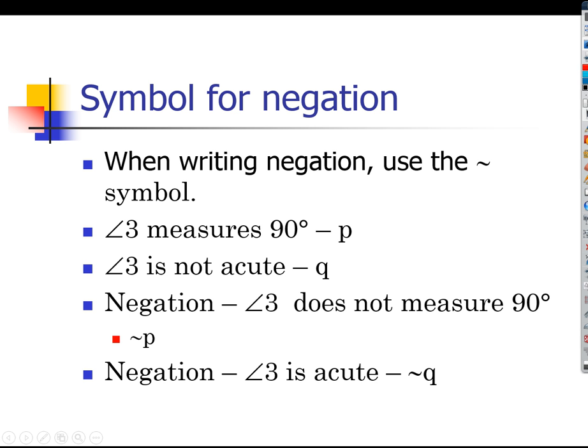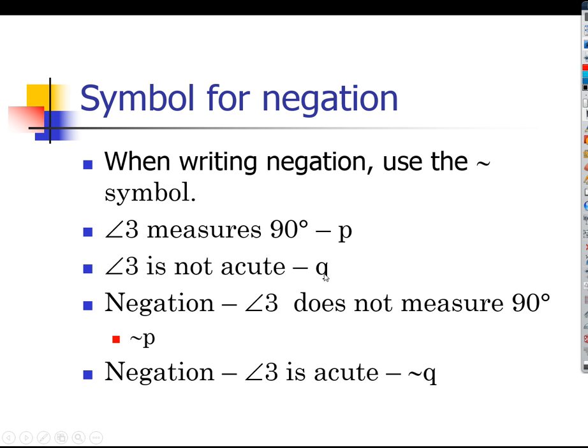Okay, writing negations. So far we know how to write a converse now. That's no big deal. We just flip the P and the Q. But how do we do it when we deal with inverses and contrapositives? We have to be able to have negations included, right? So our symbol for negation is just this tilde. So then, for example, if these are our statements, P is the statement, angle 3 measures 90 degrees.